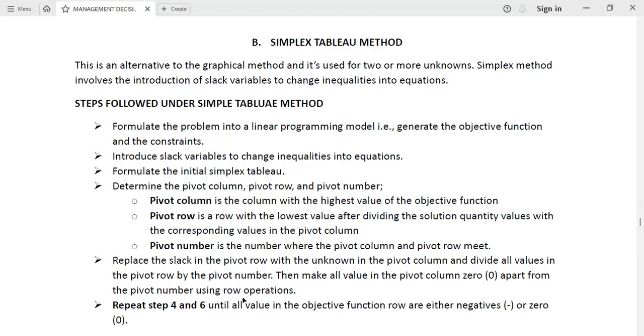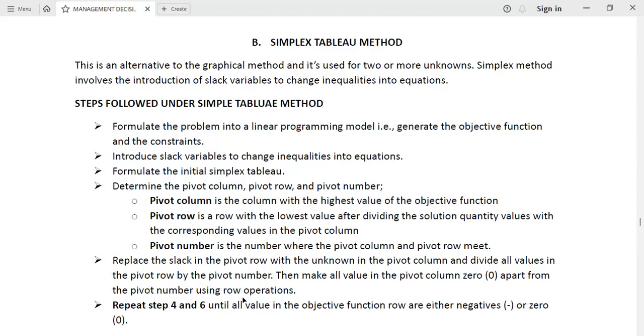In other words, we get the solution quantitative values, which are one of the items that are going to be in our pivot table. We divide those by the number within the pivot column. We divide each with its corresponding value in the pivot column.